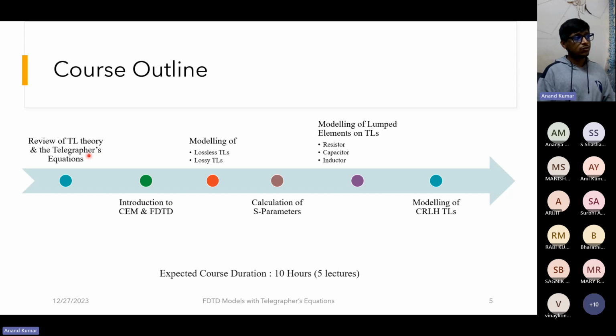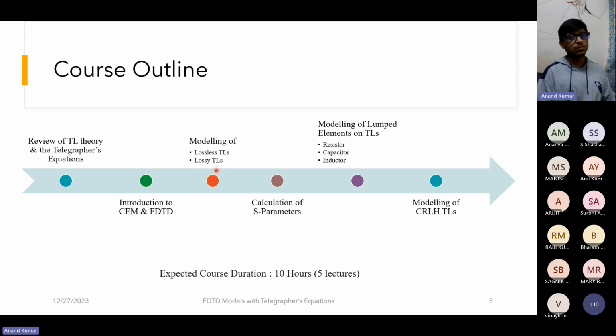These two classes will probably not have code. The third class will start with the modeling of lossy and lossless transmission lines. The theory about this we'll discuss somewhat in this class, and then we'll begin coding from there.